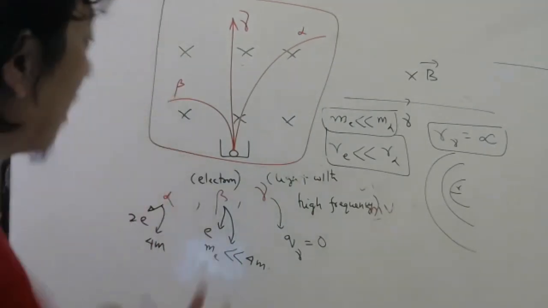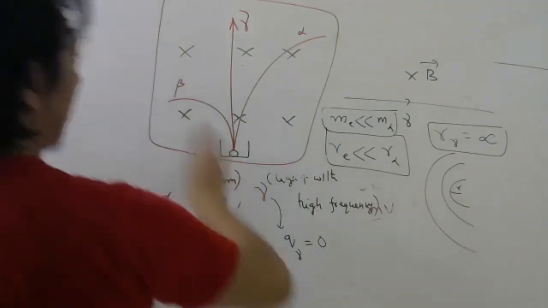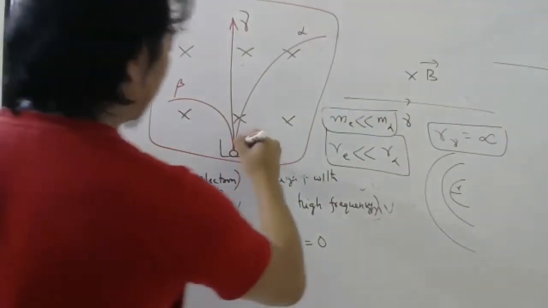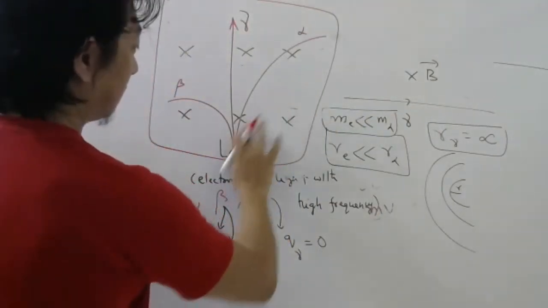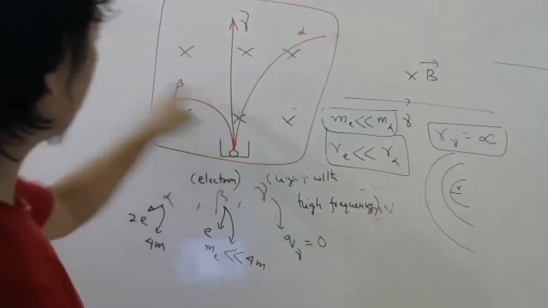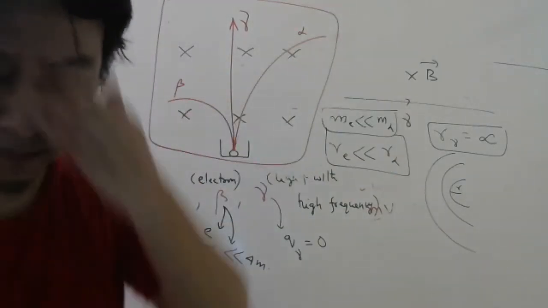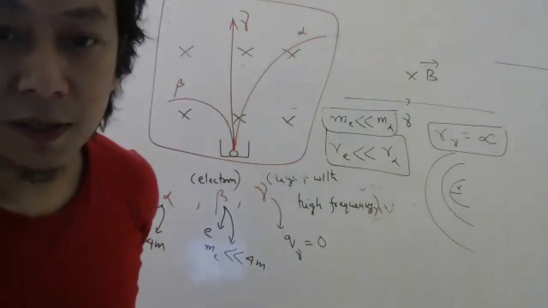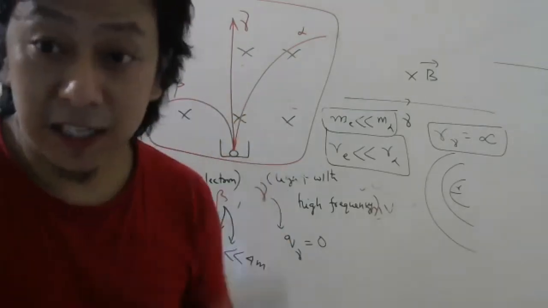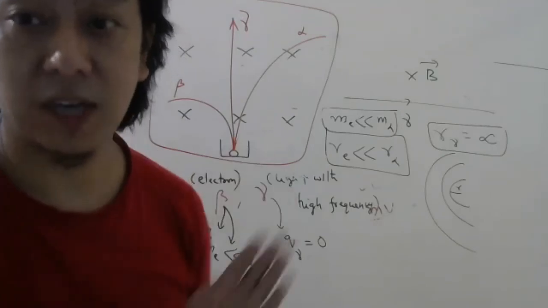Can you tell me why beta is going this side and alpha is going that side? Why is it like that? Because beta has negative charge, so the force will be opposite.